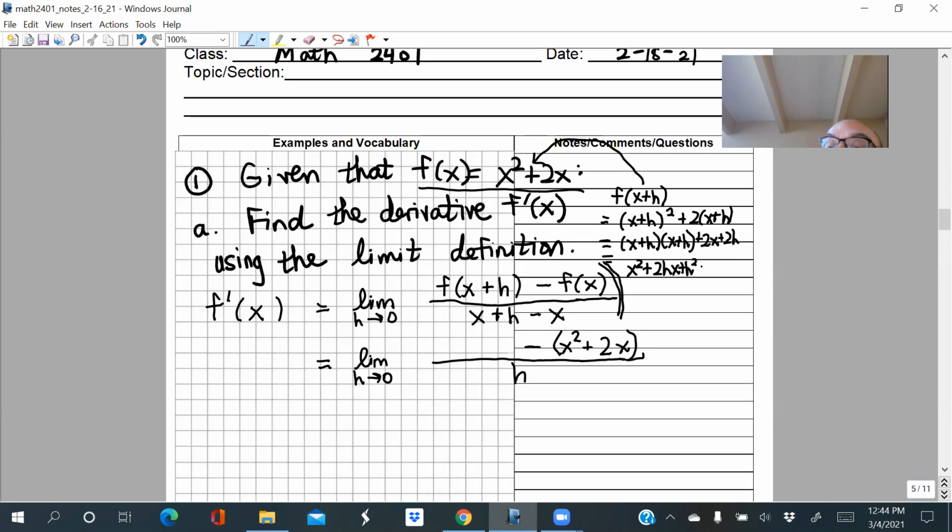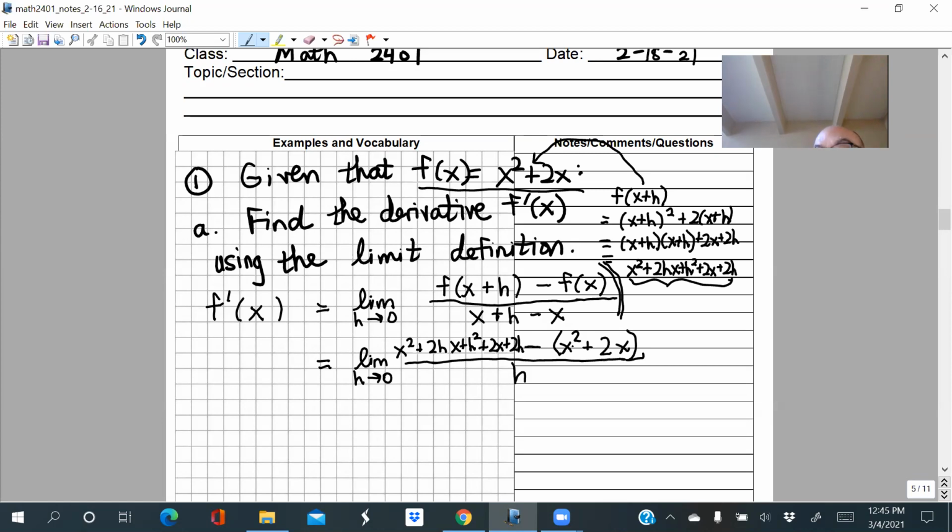And then don't forget, we had the plus 2x and the plus 2h. So that's what f of x plus h is. It's kind of messy there. It looks bad at start, but that's okay. It'll simplify. All right, so let's fill that in. So we have x squared plus 2hx plus h squared, and then plus 2x plus 2h.